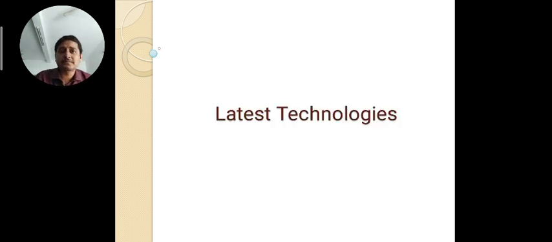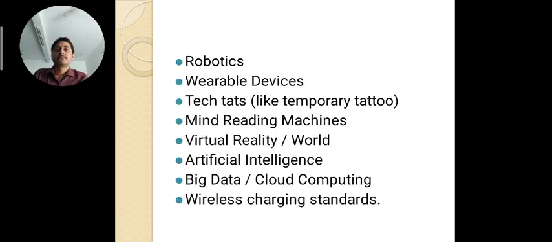Latest technologies. Still we are in 5th generation, but there are some latest trends, some latest technologies that are very hot technologies, means they are in demand nowadays, so we should know about them. Robotics is also an application of artificial intelligence.